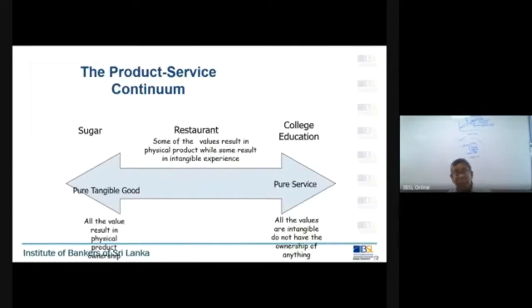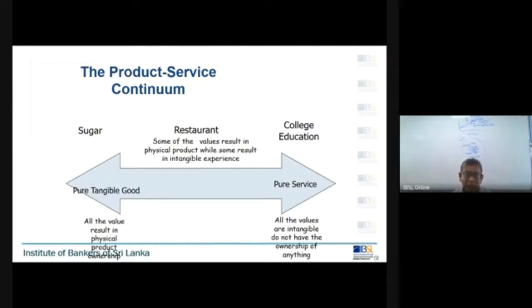And also remember, it is not in your handout, but if you want, you can just draw somewhere. We have two types of products. One is pure tangible goods and the other one is pure service. Now, very famous example, sugar, pure tangible good.